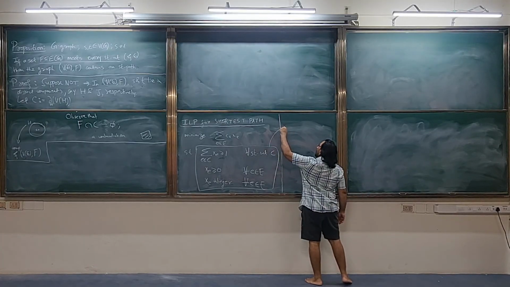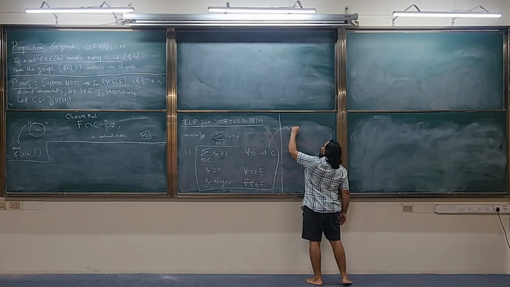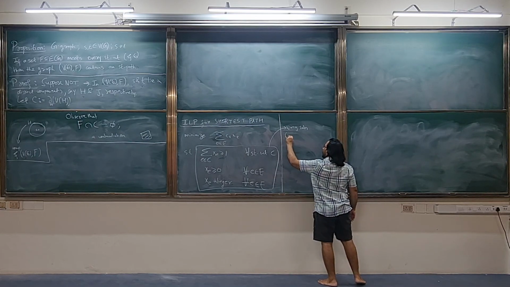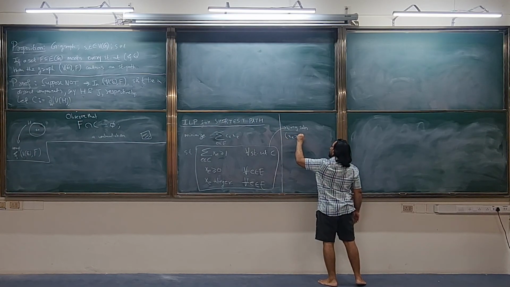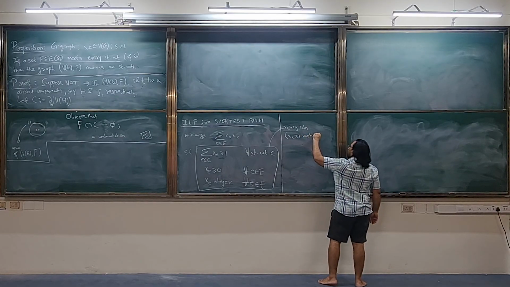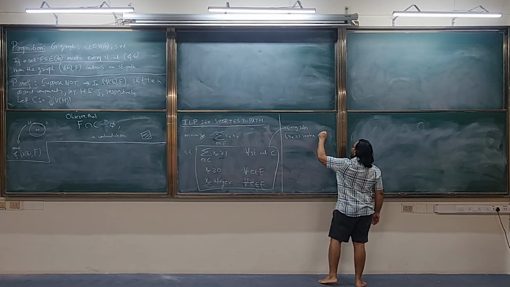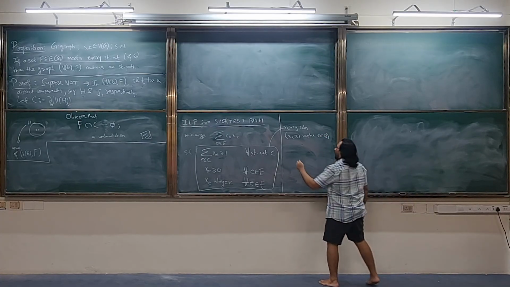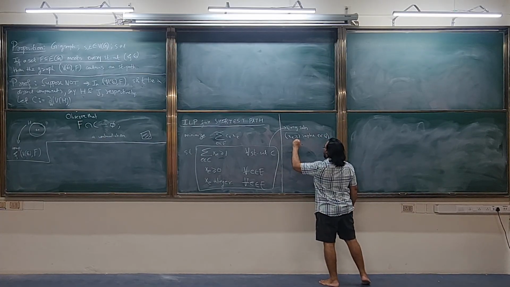So every solution here, what we mean is that if xe is at least 1, then you interpret that as e belongs to P, or let me call it Q. Otherwise it is not counted.